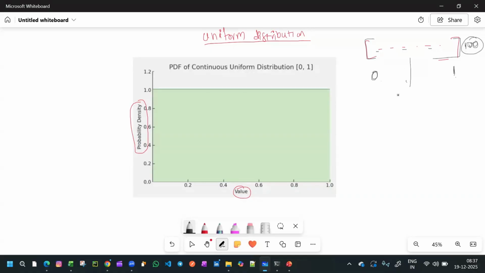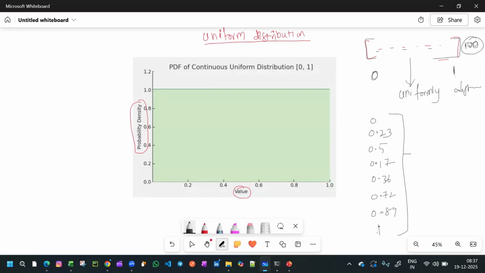When can I say this data set is uniformly distributed? Very simple logic. Let us say these elements contain the following unique values: 0, 0.23, 0.5, 0.17, 0.36, 0.72, 0.89 and 1. So in total 8 values are there.